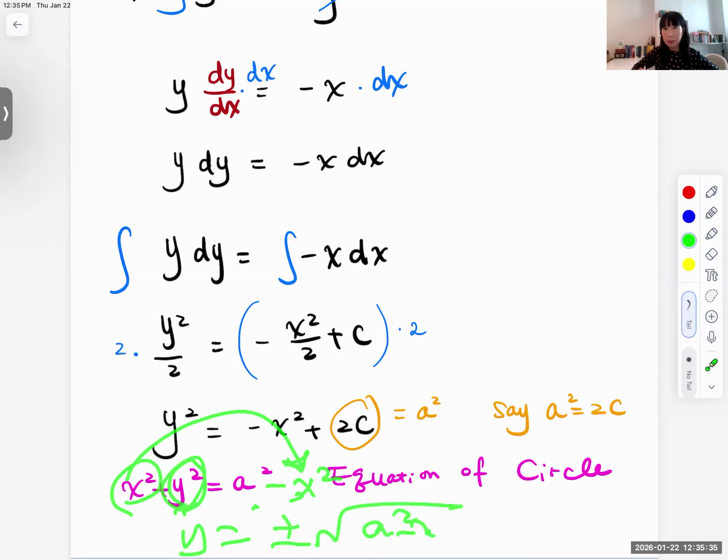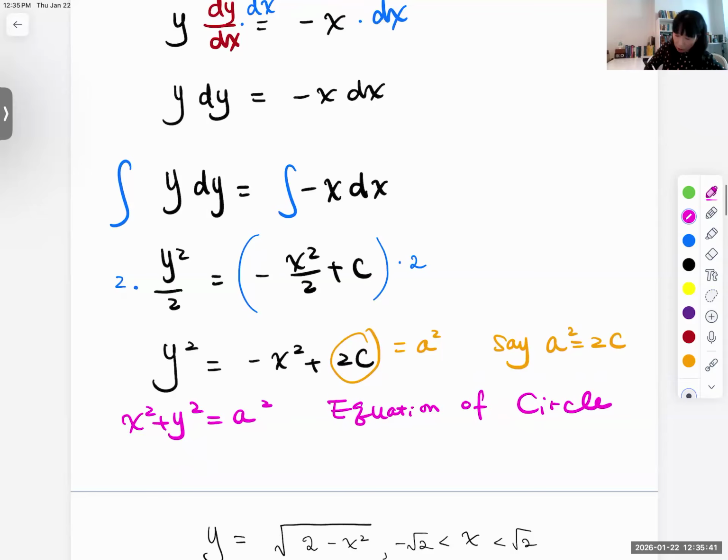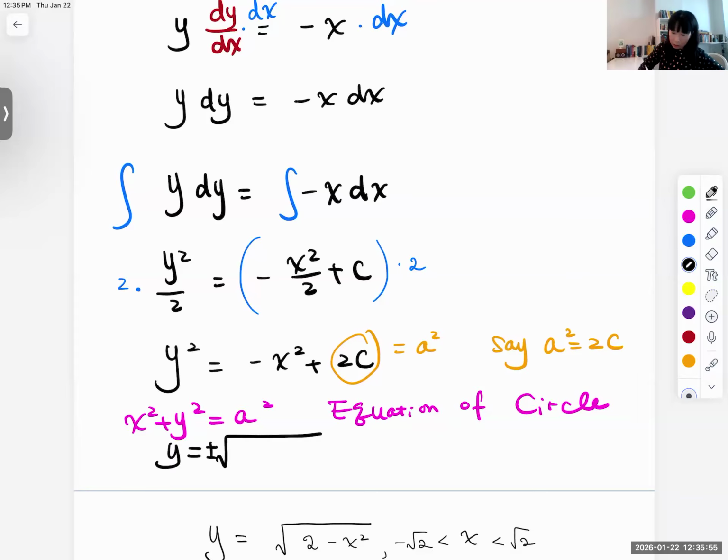A squared minus x squared, right? Okay, so let's write down. So y equal to square root, plus minus a squared minus x squared.